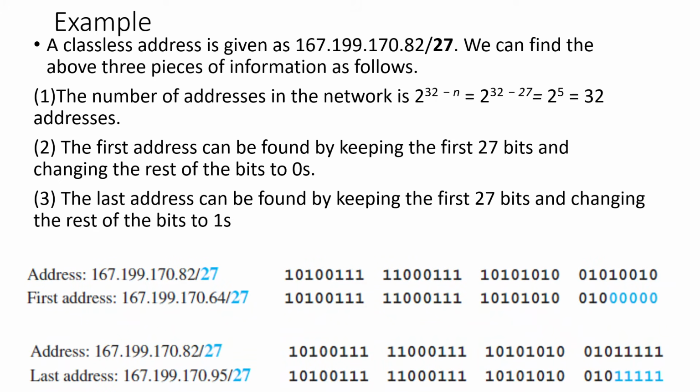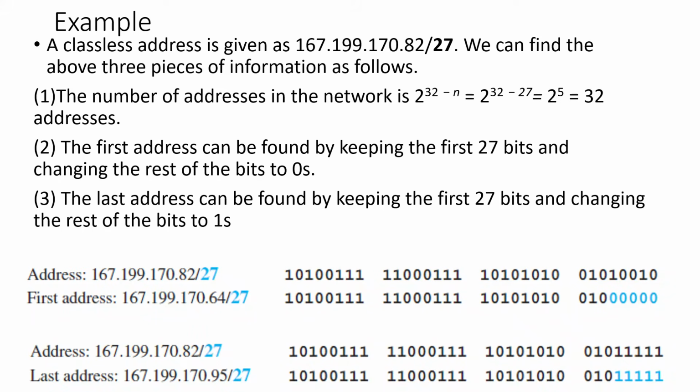So this is the example, 167.199.170.82. Its equivalent binary notation is 10100111, 11000111, 10101010, 01010010. So this is your given IP address, and the prefix small n value.